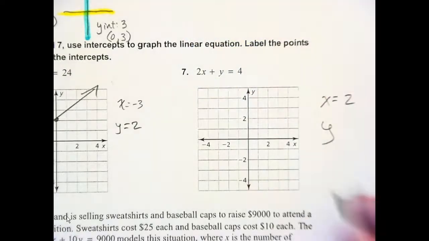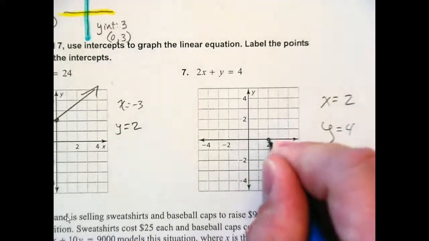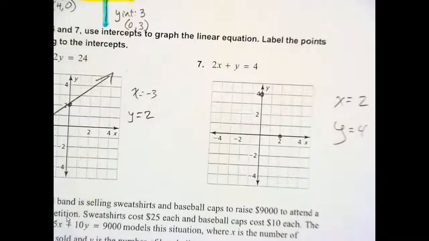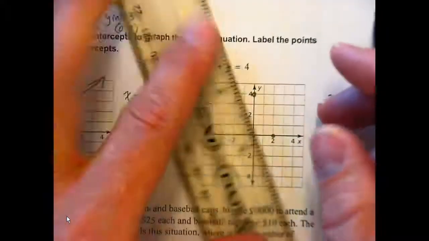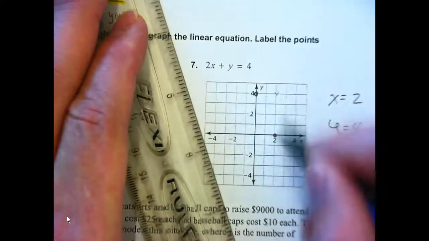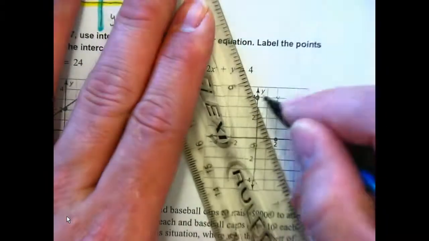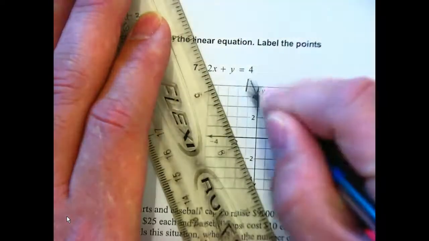So we go to x equals 2, y equals 4. We put our dots. Remember, this is not slope. It's intercepts. It crosses the x and y axis. Those of you thinking, why aren't I putting a dot right there? It's because we're not using slope. And voila. There we go.